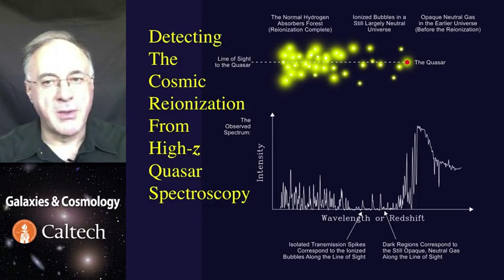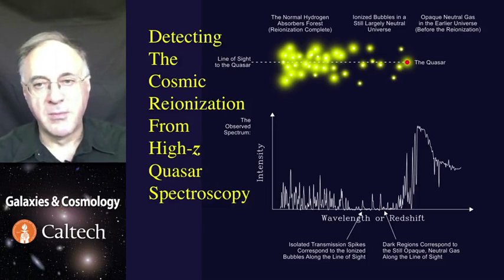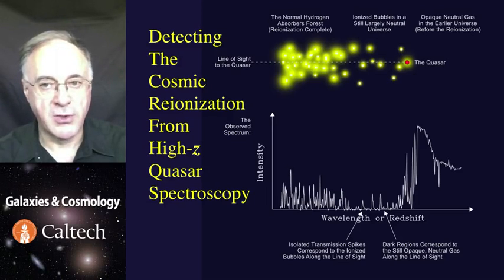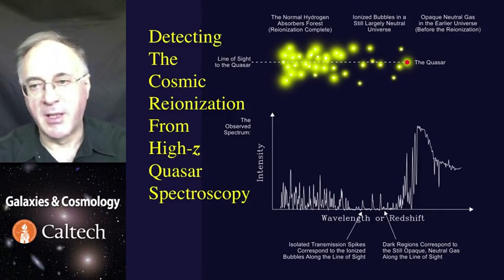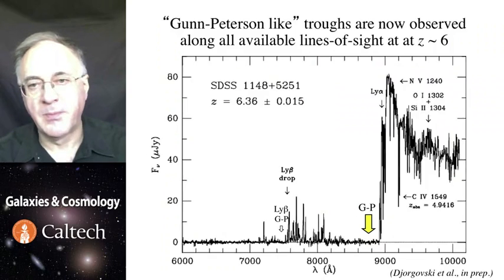As you get closer and closer to the reionization itself, the overlaps of the bubbles will be less and less, and there'll be more neutral hydrogen. They'll just absorb large chunks of spectrum blueward of the Lyman alpha of the quasar itself, and the spectrum may look something like this.